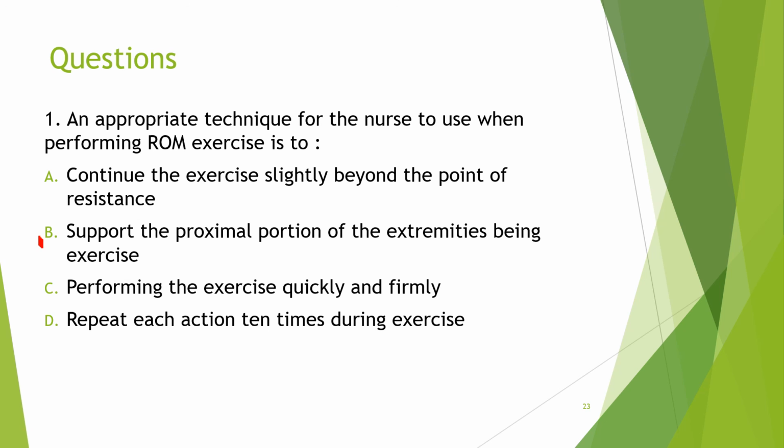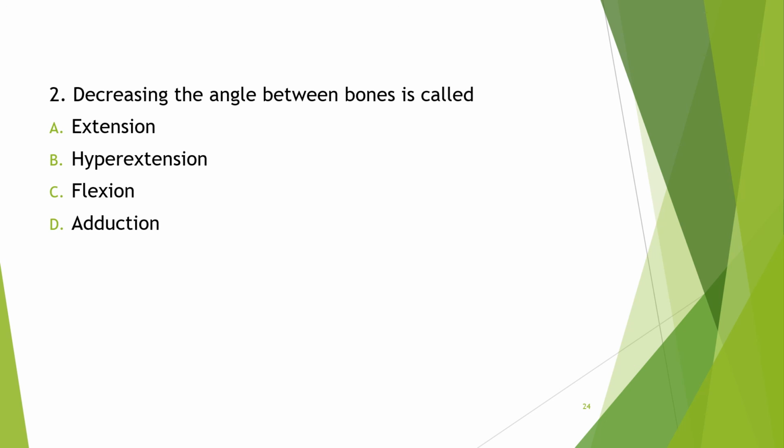This is the B option: apply support on the portion that is being exercised, on the proximal side. Next, a decrease in the angle between the bones is known as extension, hyperextension, flexion, abduction. So write your answer, then C. Okay, right. So the right option is C.